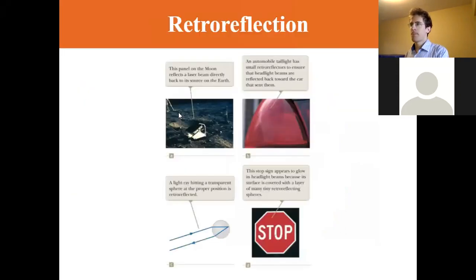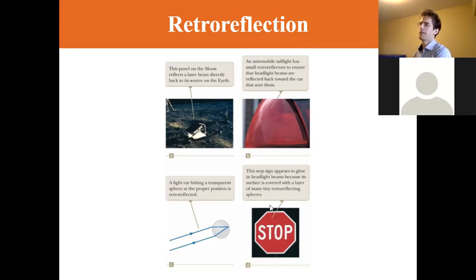Anyways, oh yeah, this is just an example of how some materials are designed to reflect light back at you. It makes them look shiny, because stop signs at night, you can't really see them when it's dark, but with these retroreflector materials, headlights from your car get bounced back.